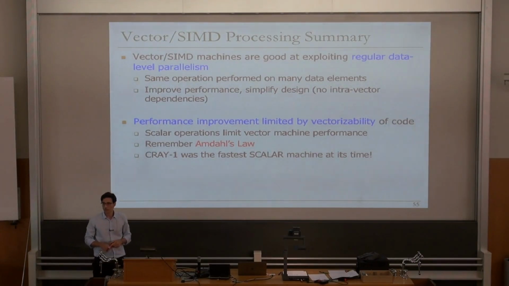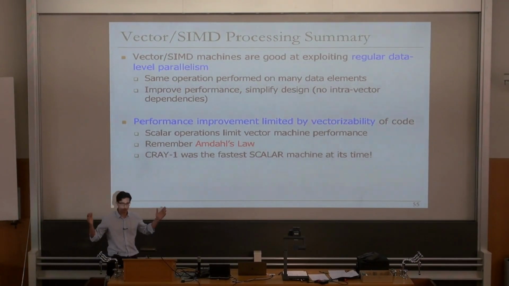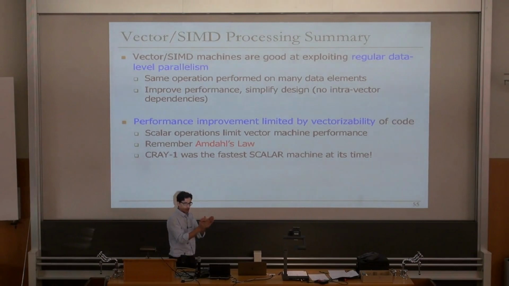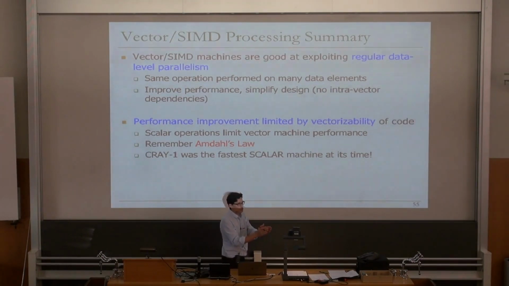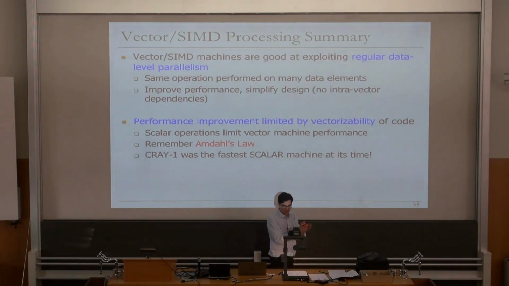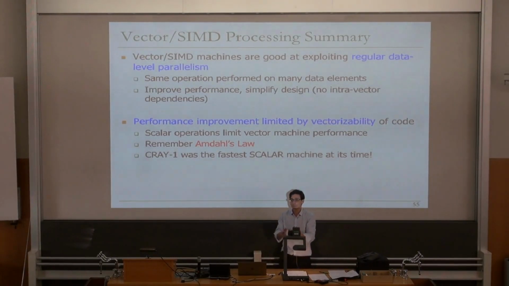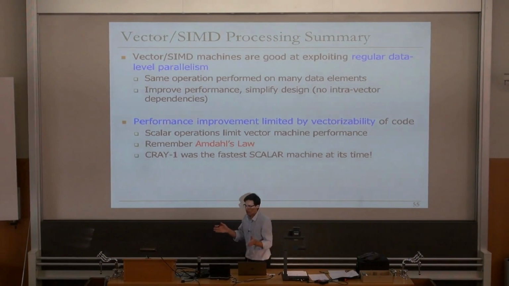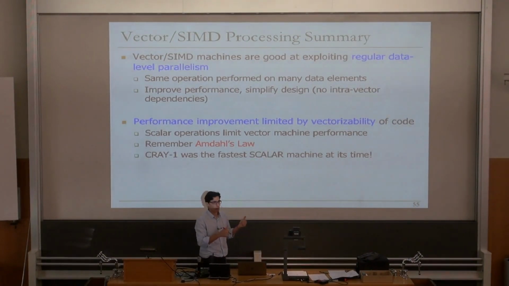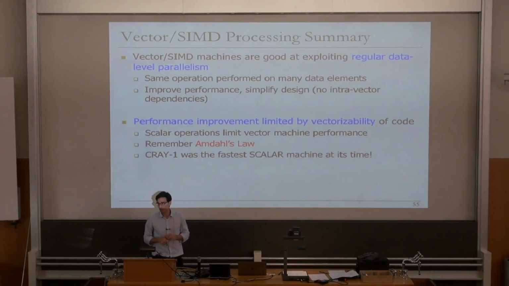You might have 1 million vector lanes. You might have an infinite number of vector lanes, but if a small percentage of your code is still inherently scalar, is sequential and cannot be vectorized, cannot be parallelized, Amdahl's law will be limiting the performance of your code.